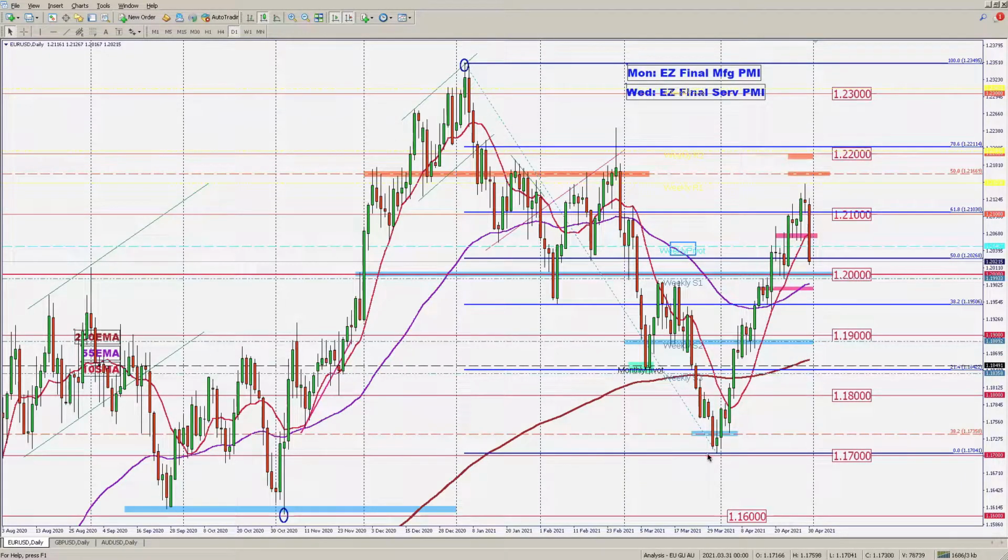And from this bounce, just above 117, it rallied up to the 62 pip area, and now pulled back to just below the 50% fib. So let's mark this as a new fib area.